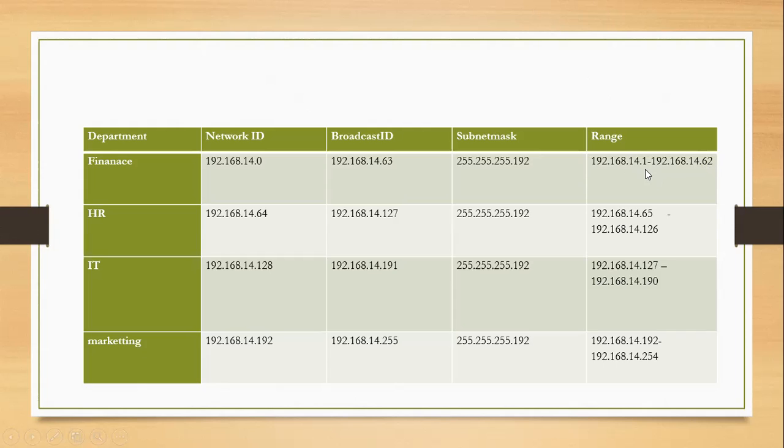So we do not consider 0; we start from 1 and go up to 62, that is 192.168.14.62. For HR, not considering the network ID, start from 65 to 126.